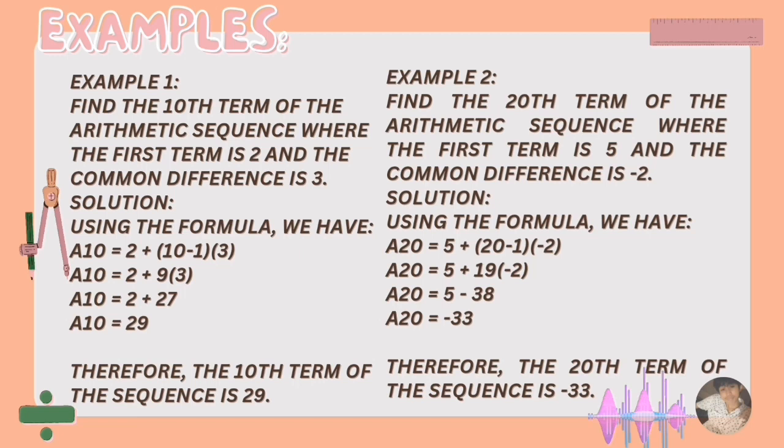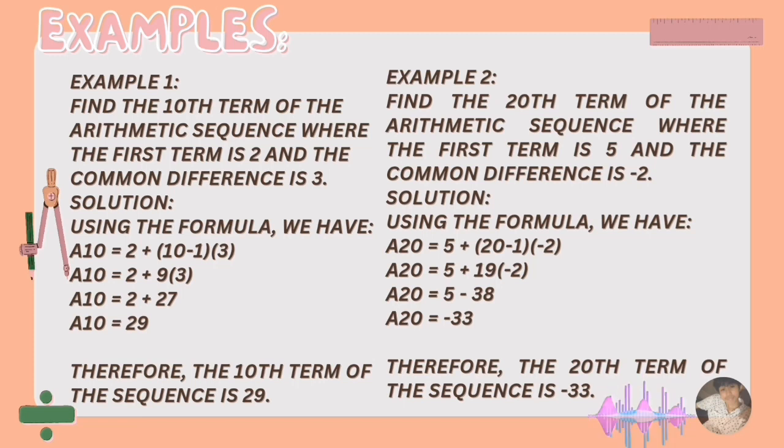So for our example 2, find the 20th term of the arithmetic sequence where the first term is 5 and the common difference is negative 2. So for our solution, using the formula we have, a_20 = 5 + (20 - 1) multiplied by negative 2.